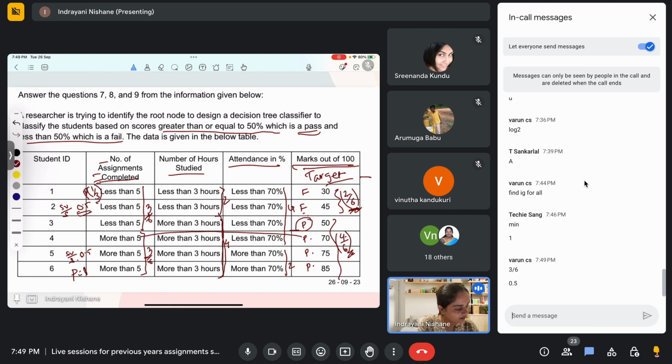Whereas for the other group, out of these 3, how many are passing? Just this last student. So for this group, the probability value becomes 1 by 3. Is it clear?